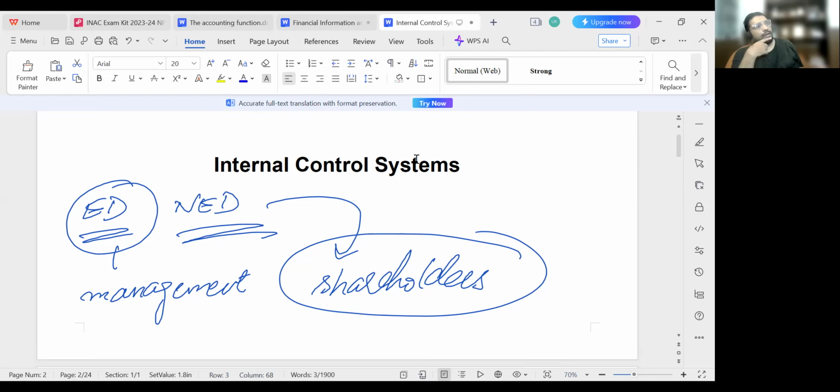In the same way, we have the audit committee. Audit committee is responsible for liaising with internal and external auditors. Like imagine a situation in which the CEO is hiring the external auditors, right? So the CEO is definitely going to hire an audit company which is biased towards that CEO.